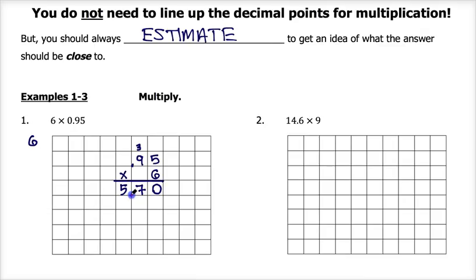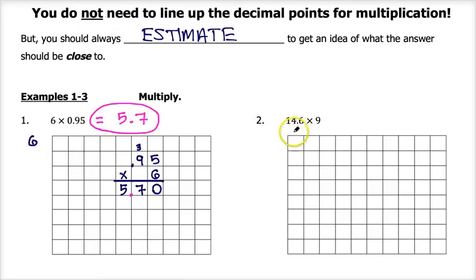So my answer will actually be 5.70 or 5.7. Think about 5.7. Is that reasonably close to 6, which was our estimation? Yes, 5.7 is pretty close to 6, and so this is a reasonable answer here.